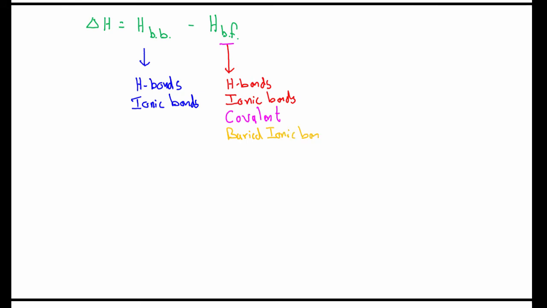And you think, well, what is the buried ionic bond and why do we care? A buried ionic bond is a bond that is buried in the hydrophobic core. Of course, the hydrophobic core can't form until the protein is folded. Okay, and these are ionic bonds that are found in a hydrophobic environment. Well, ionic bonds found in a hydrophobic environment are stronger than those found in the hydrophilic environment.